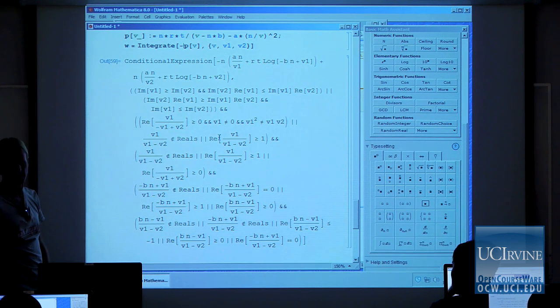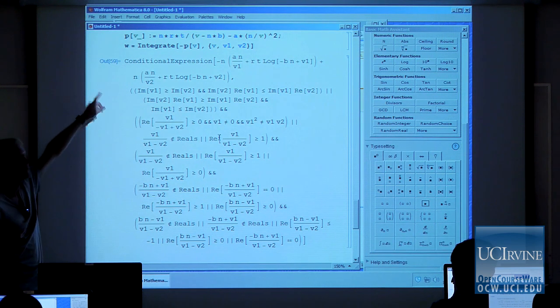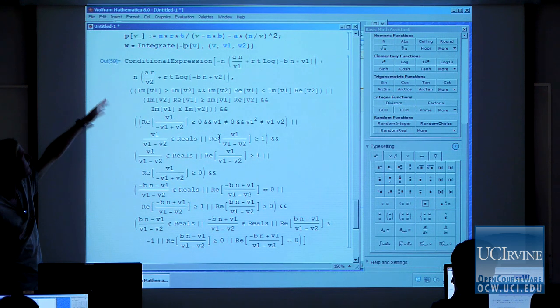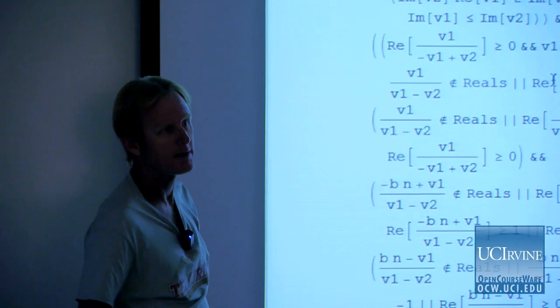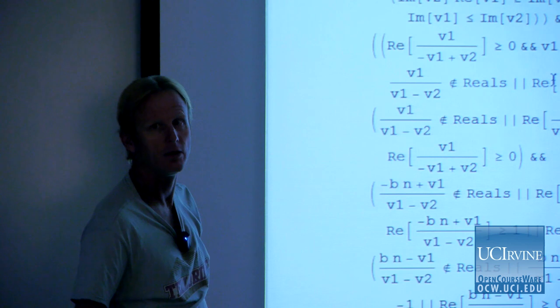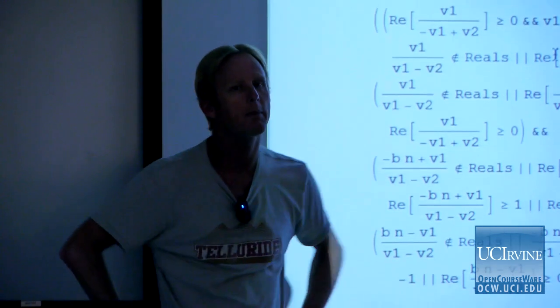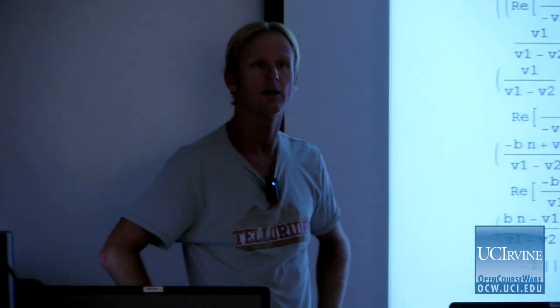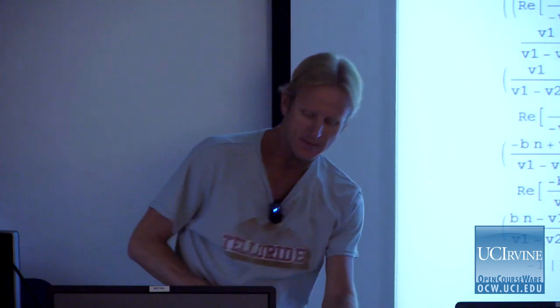Obviously, we're not interested in all these scenarios. We're interested in the scenario where we know that the number of moles is a positive real number. And we know that R, the gas constant, is also a real positive number, et cetera. So when you're doing integration, you need to tell Mathematica everything you know about things that are appearing in the integrand. Okay, so let's try it.